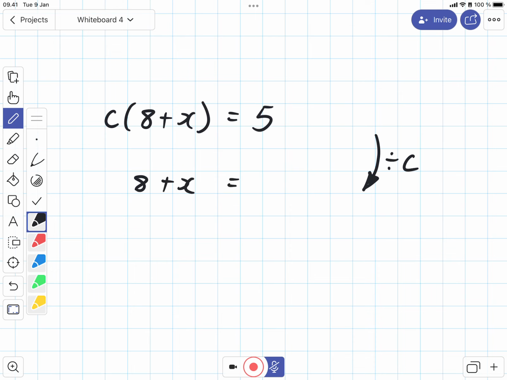But then I need to divide the other side by c as well. So 8 plus x is equal to 5 over c. I want the x on its own, so I want the 8 to disappear. The 8 will disappear if I subtract 8. But then I need to remember to subtract 8 from the other side as well. So x equals 5 over c minus 8.